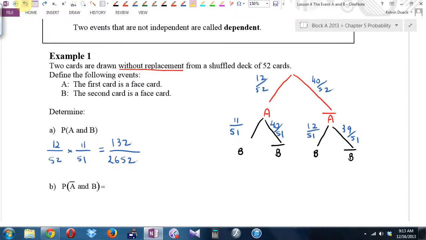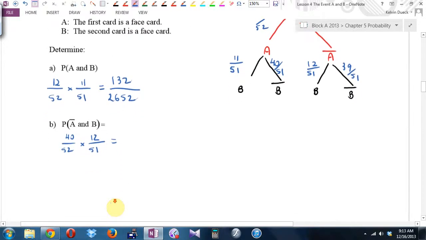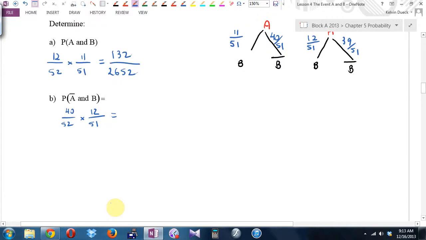And means multiply. So it's going to be 40 out of 52 and 12 out of 51. Which is what? 480 over 2652. We're going to add a part C before you turn the page.